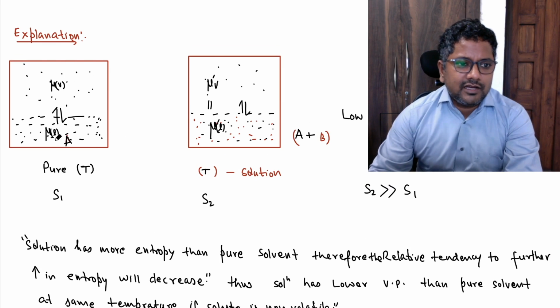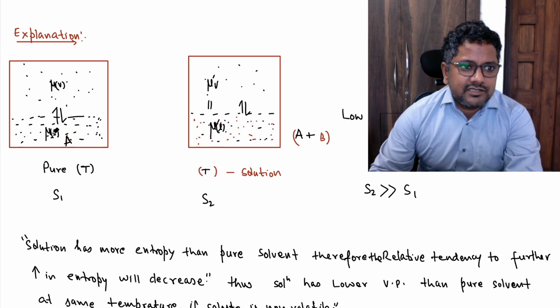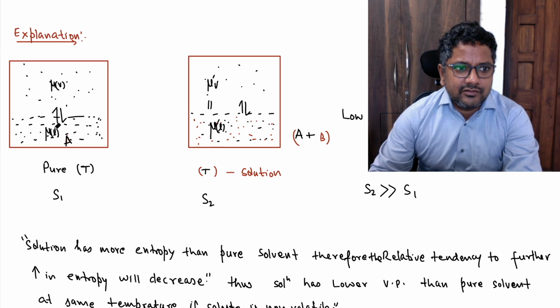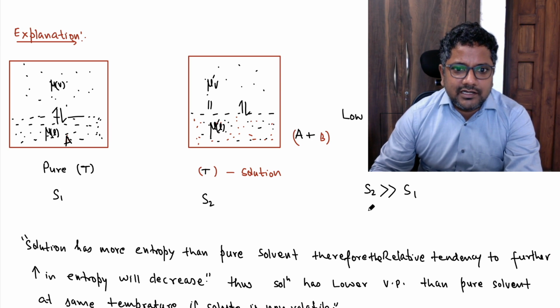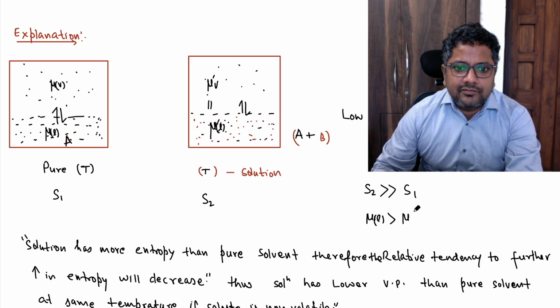So here this chemical potential is mu dash. If you want, you can compare that the chemical potential of this liquid is more than the chemical potential of this, right? So in terms of entropy you can write like this, and in terms of chemical potential you can write mu of liquid is more than mu dash of this solution, right?